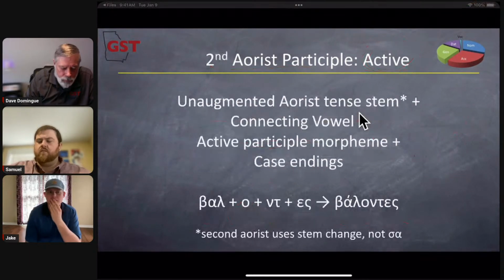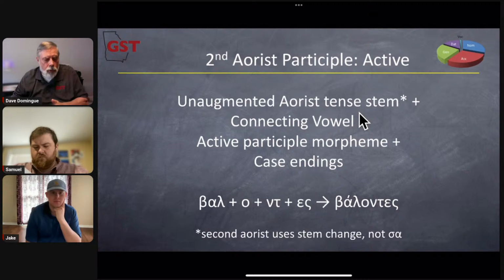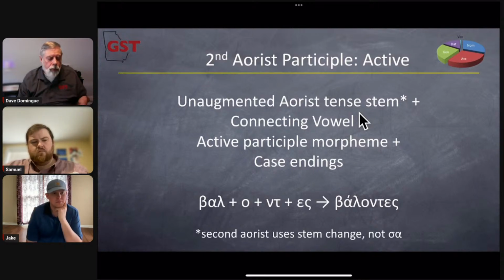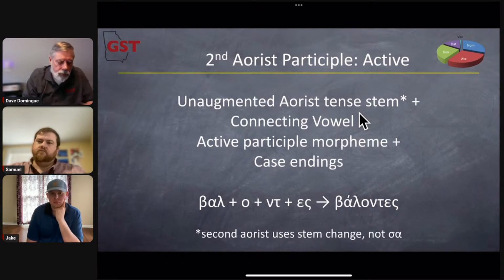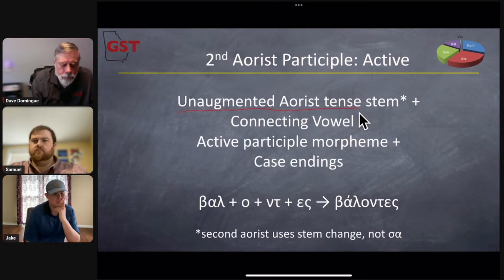Yes. Let's look at the big picture, right? Swim, swam, swum. Luo, ballo, or ginomai, or lambano. There are some Greek words that are in a second aorist form. And there is, again, an unaugmented aorist tense stem, nothing new.